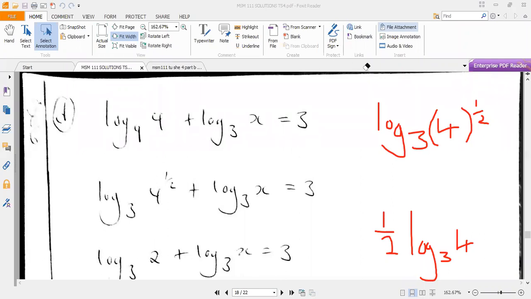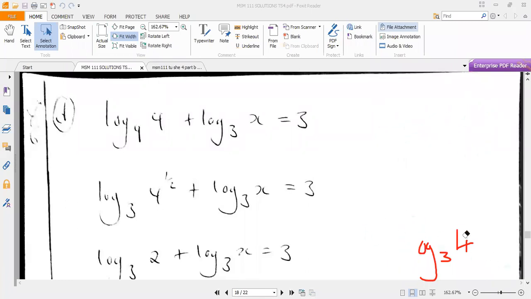So for you, your goal here is that you don't have to go through all these guys in order to get this guy, the 4 to the power 1 over 2. Like I said earlier, if you want to change this guy, you know that this guy here, it's 9, isn't it? What number can we raise 3 to get a 9? So we know that 3 to the power 2, it's simply 9, isn't it? So the base is 9 there.